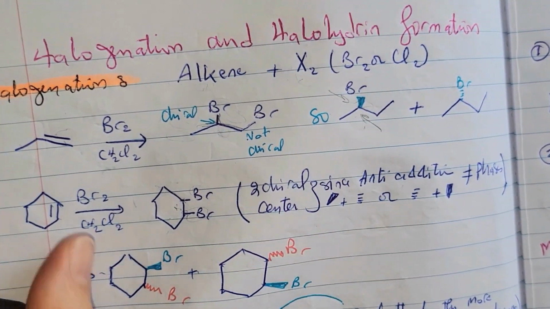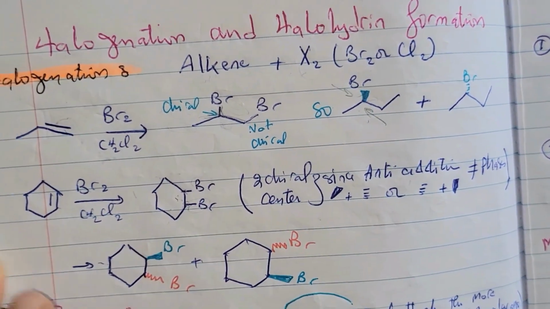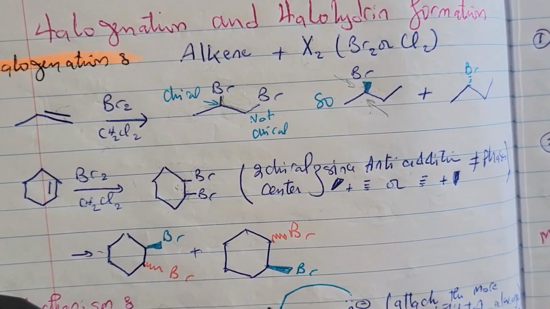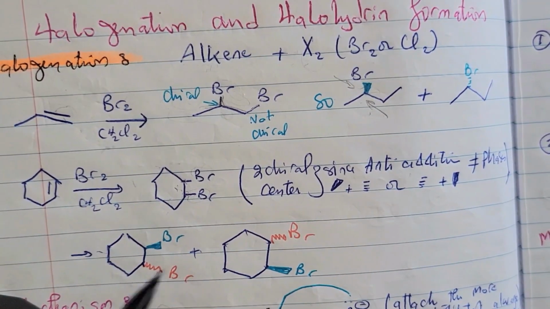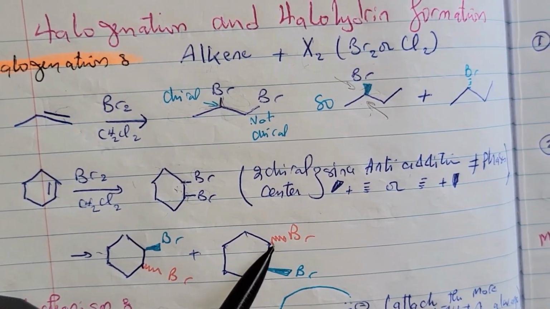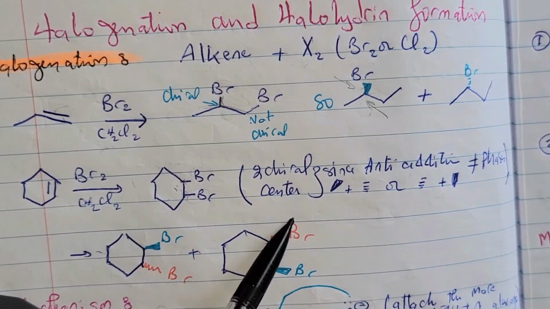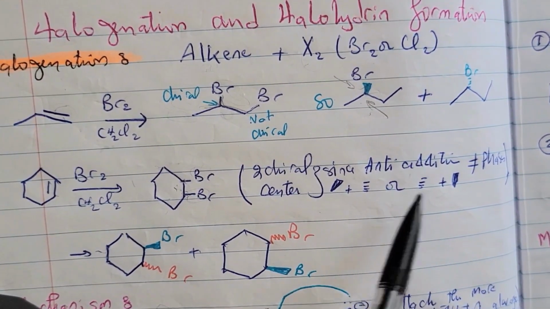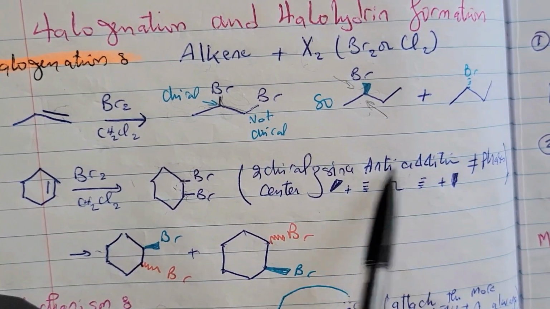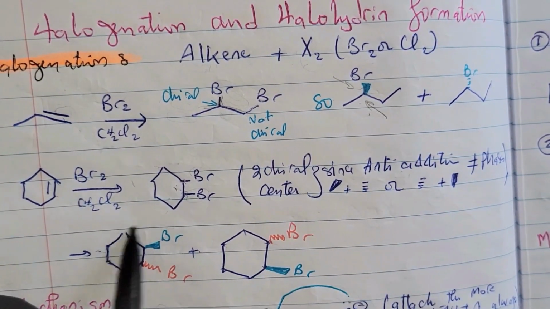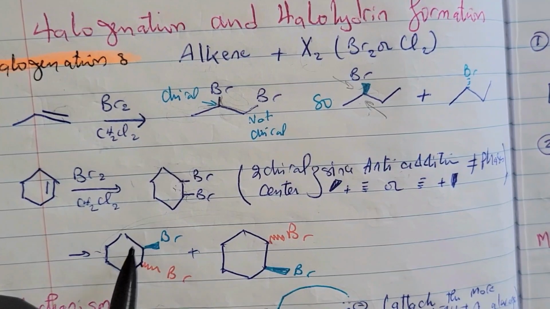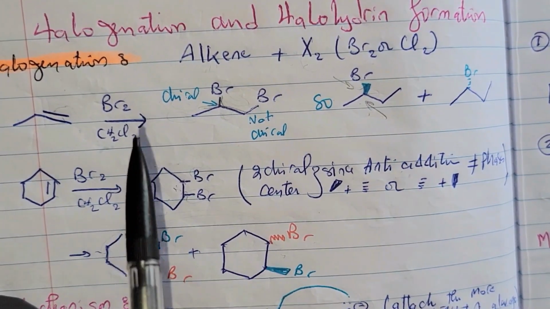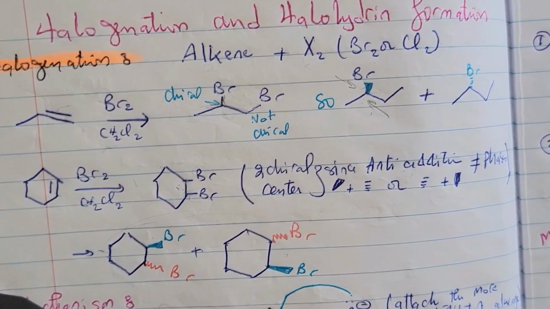The first bromine is going toward us and the second one at the bottom is going to the back of the page, or the second option, the first one is going to the back of the page and the second one is going toward us. That's what's called an anti-addition reaction. So we have a racemic mixture, 50% from this one and 50% from this one for the halogenation reaction.